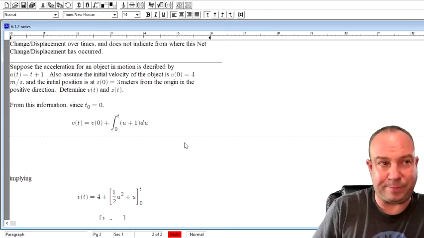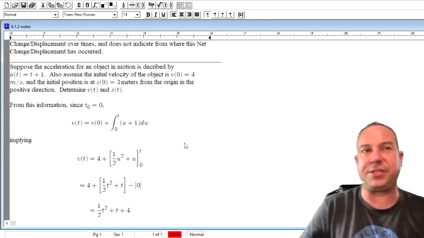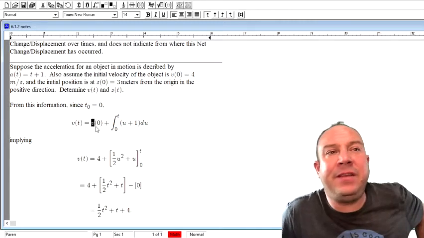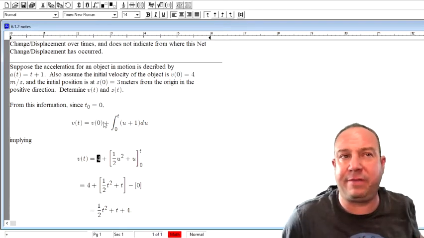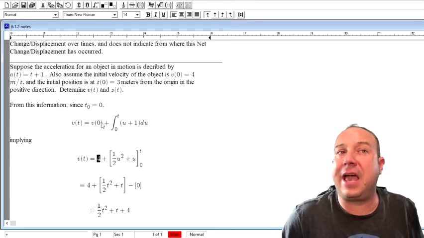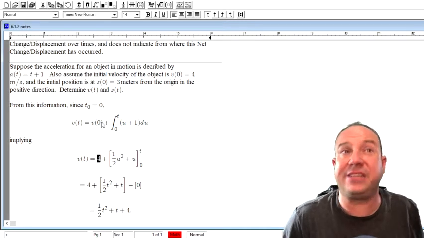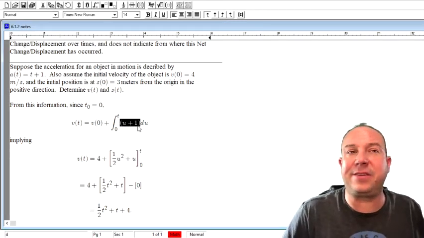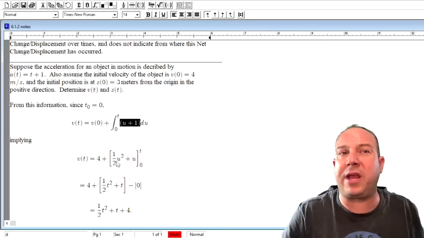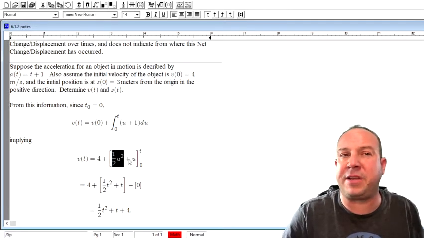Implying, if we start to plug and chug on this, v null we know is 4 in value, so we substitute in 4 for v at 0, I should say, plus the antiderivative of u plus 1, which is 1/2 u squared plus u from our fundamental rules.